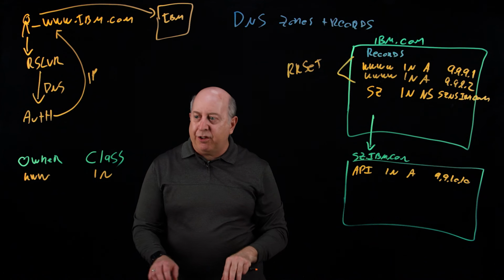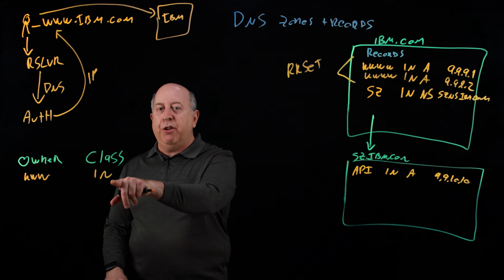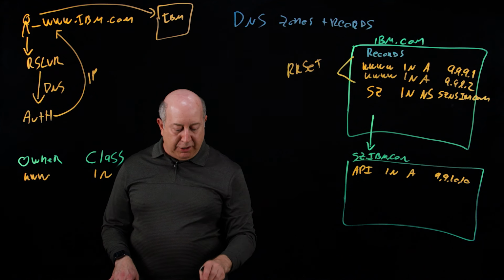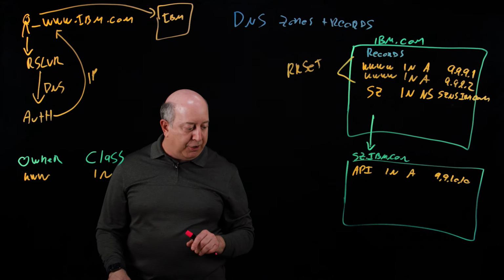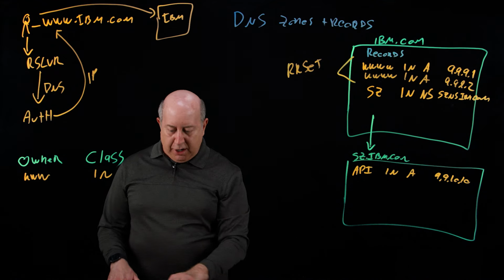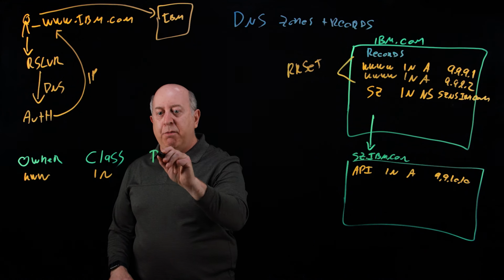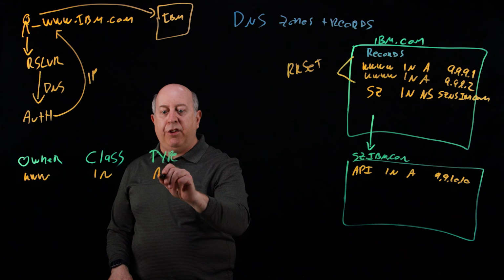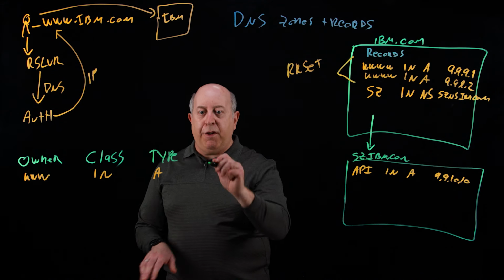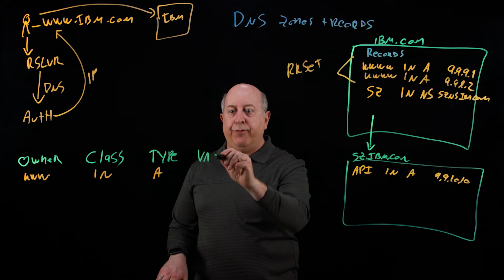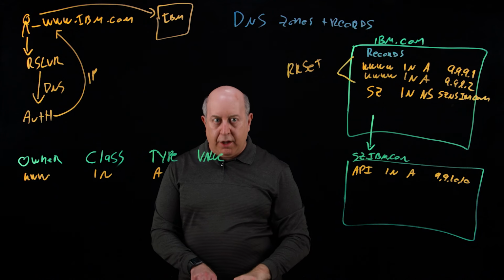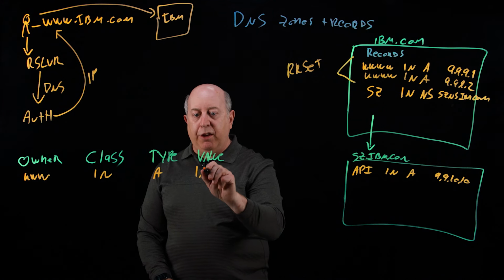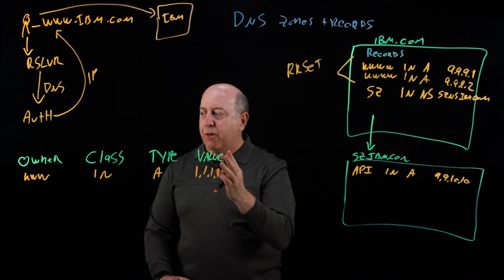There are a number of classes defined, but the only one you'll ever see used is IN, which stands for Internet. The other ones are mainly experimental or used for odd use cases, which you almost never see. Then we have a type. The most common example you'll see is the A record, and then you'll have a value. And the value is the number here, 1.1.1.1, for example.